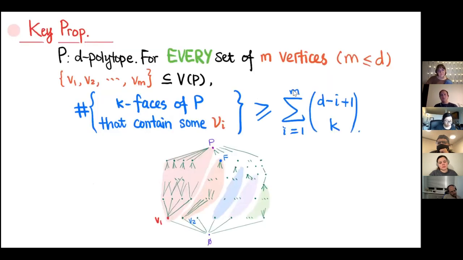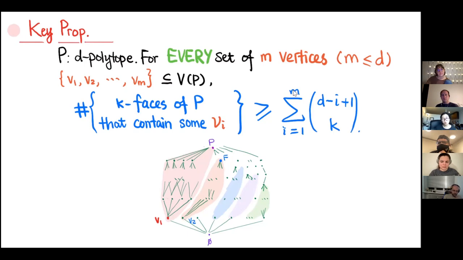First of all, we order the n vertices in a random order, it doesn't matter. And we can count the k-faces of P that contain v1 by just looking at that upper interval there from v1 to the top. Then we want to do it for the rest of the vertices, but as we move on, we need to consider our choices so we're not overcounting.